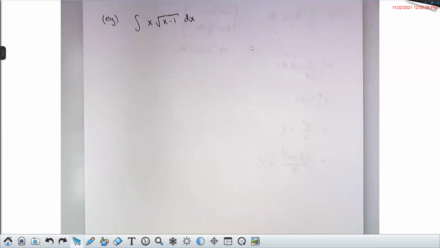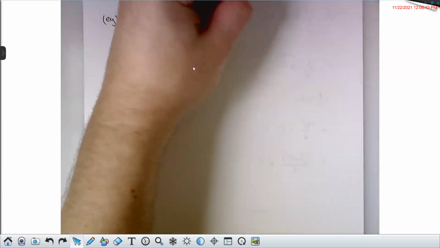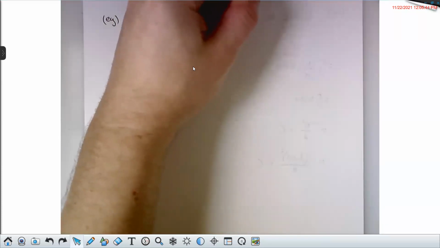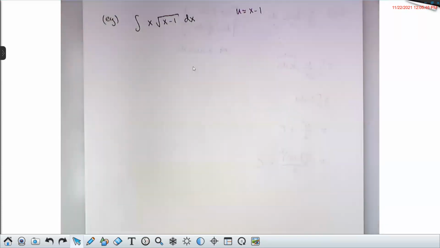The x minus 1 under the radical. Yeah, and just like that very first problem, here I want to substitute for the thing under the radical, because it's the radical that's making life hard. So if I let u be x minus 1, what is du?